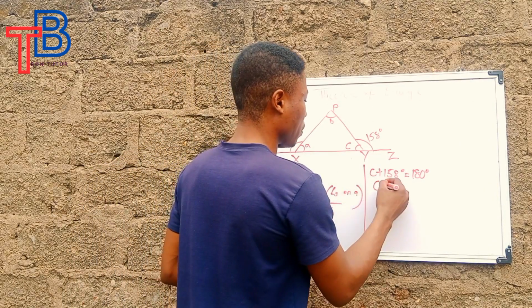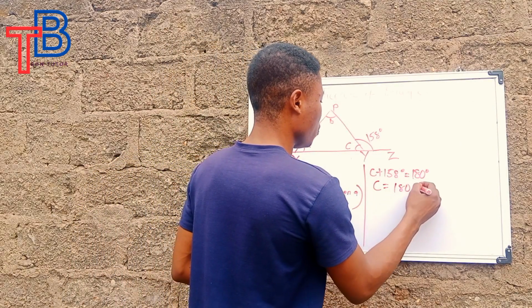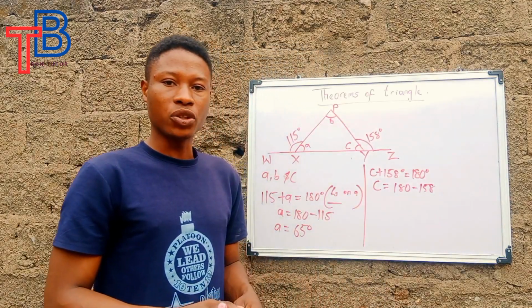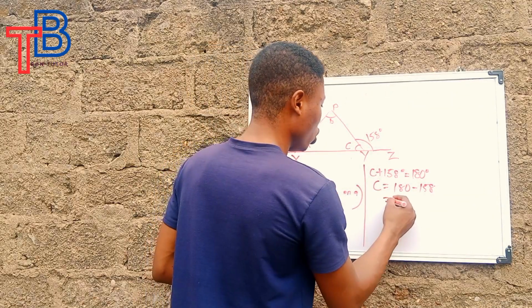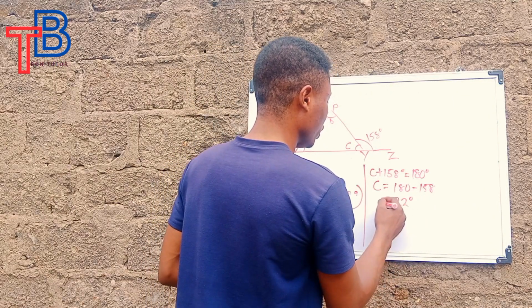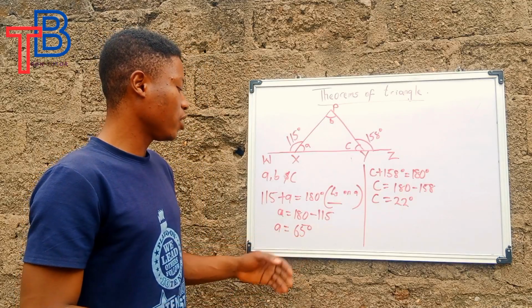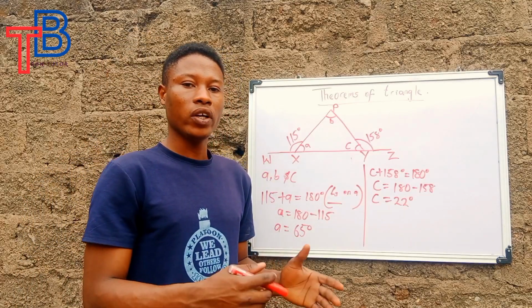And you can end up having C equals 180 minus 158, and that should give you what? Yes, that should give you 22 degree. Your C will give you 22 degree, while your A gives you 65 degree.